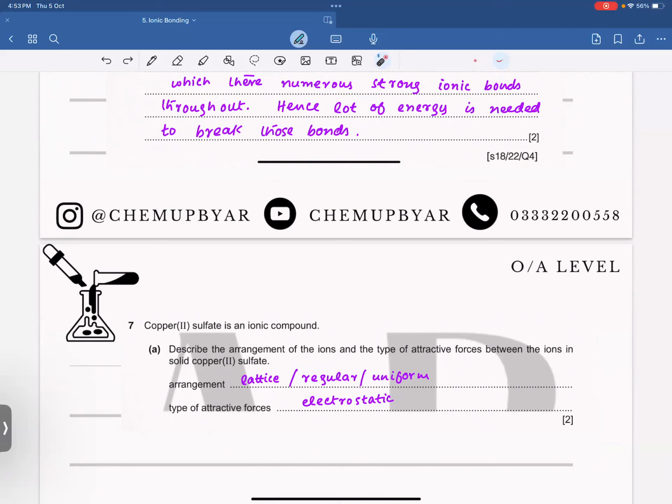So I hope you can do the rest of the questions as well. Okay, the next subtopic will be covalent bond. After noting this down, put a heading of covalent bond, which we will start in our next class.